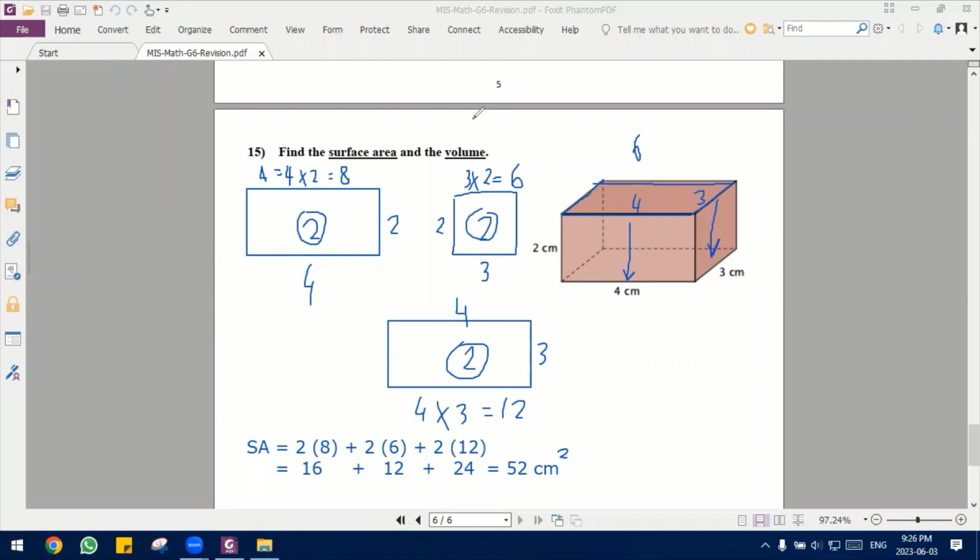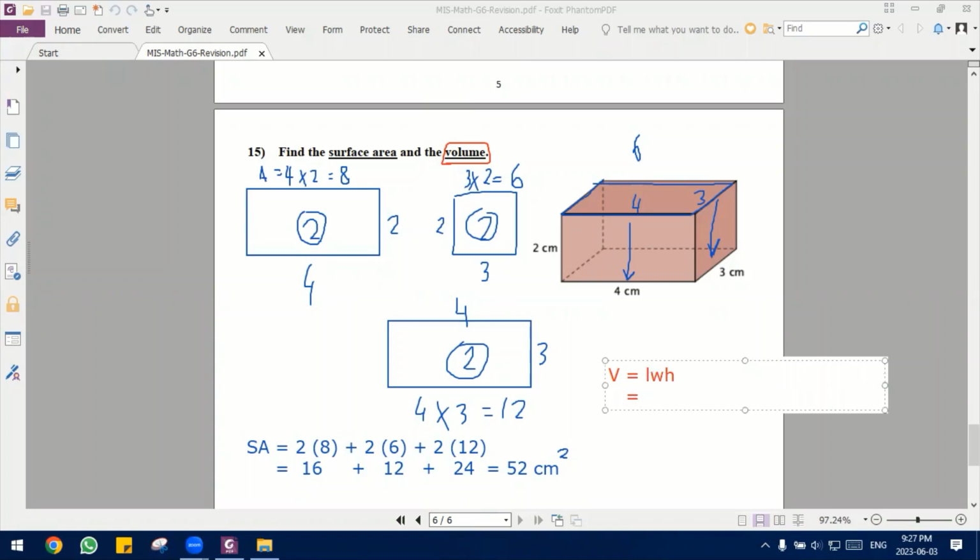Now also the question here is asking me to find the volume. Again, the volume, V, is equal to length times width times height.